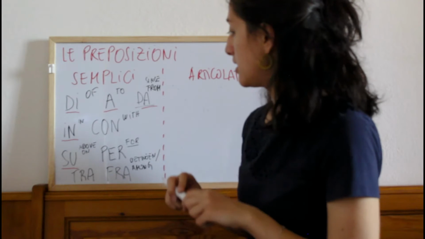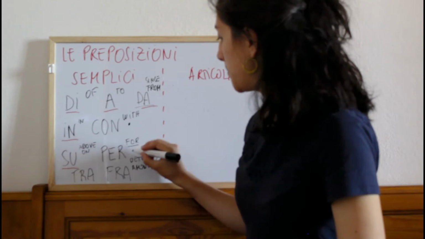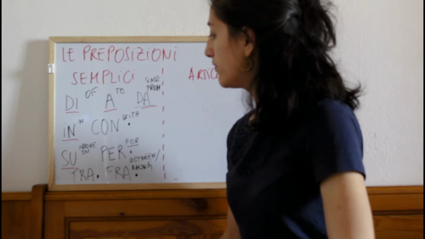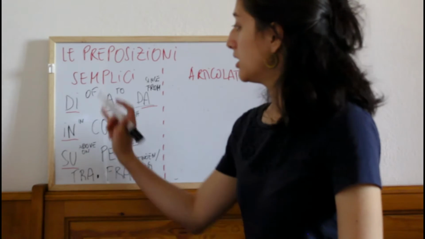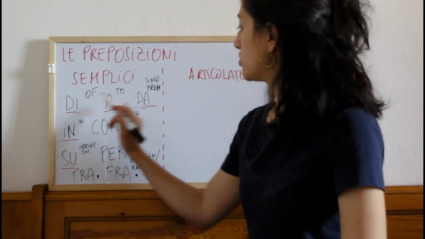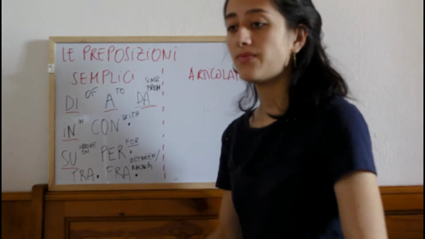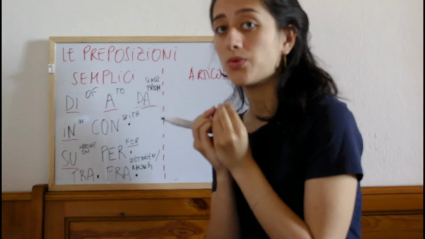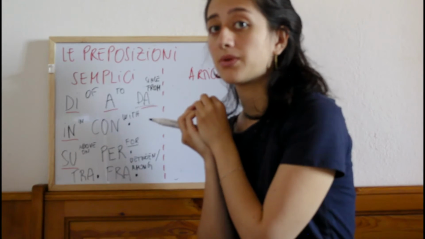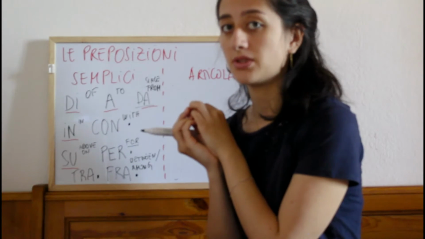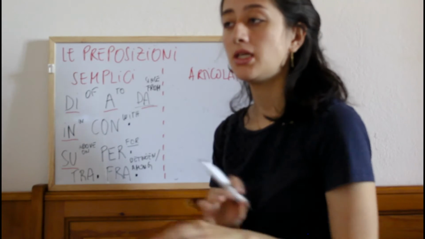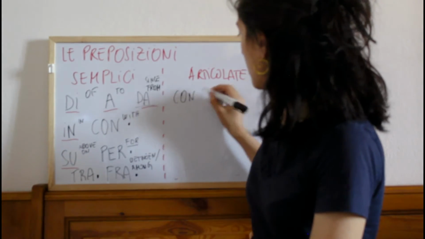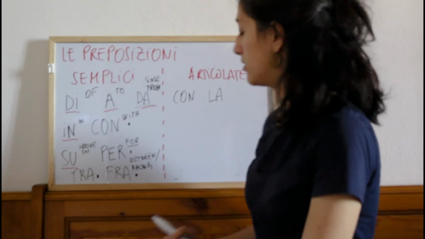Why didn't we see con, per, fra and tra? Because if we want to use the simple preposition plus the article, we don't unite them in a unique word which becomes a preposizione articolata, a complex preposition, but we use them separately, meaning we use con and la, for example.